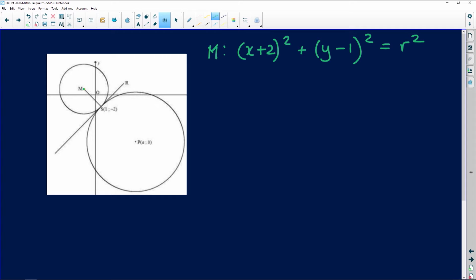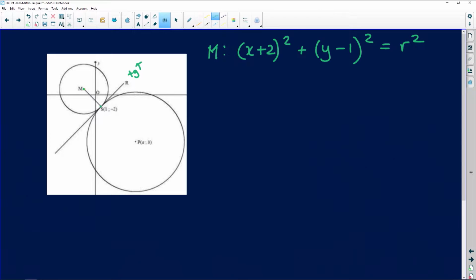Now we know from that we can read off the center. Okay, so maybe they're going to ask us for r. Let's see what's going to happen. Then they say S is the point (1; -2). Now point S is over there. Then they say SR, that line, is indeed a tangent to both circles.